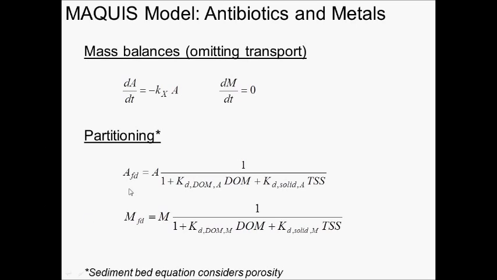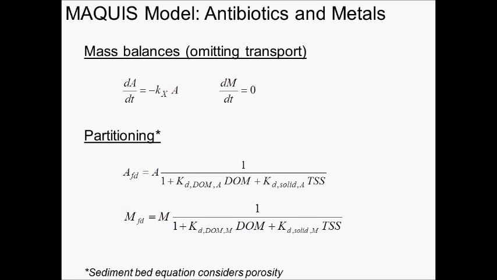So we can calculate the freely dissolved fraction or freely dissolved concentration. That's going to be the concentration of antibiotics and metals that affects the growth of the susceptible bacteria. We can also calculate the dissolved concentration, which includes the freely dissolved as well as the DOM bound, and that's what's going to be important for diffusion to and from the sediment bed.